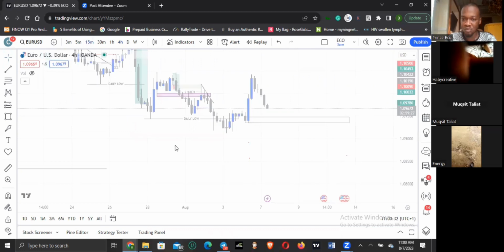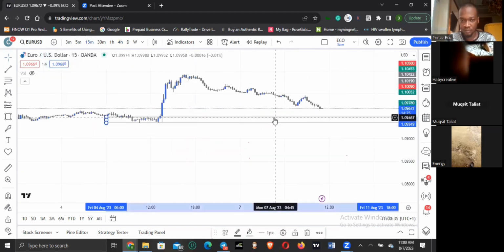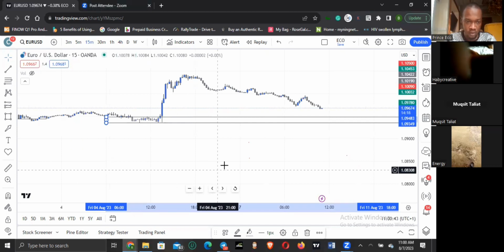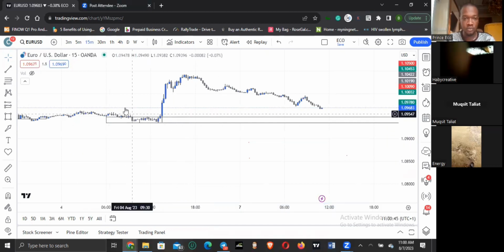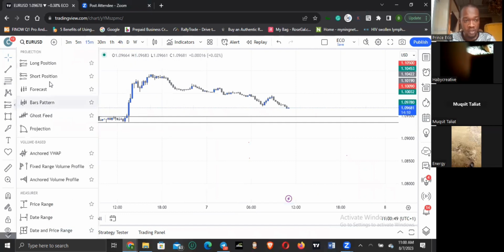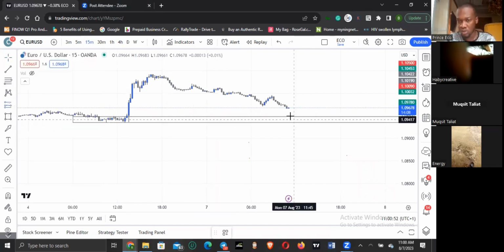I like to scale it down to probably the 15 minutes, to this point. So if we were to scalp it, not using a big stop loss, I don't like using a big stop loss, so I'll have better risk to reward.